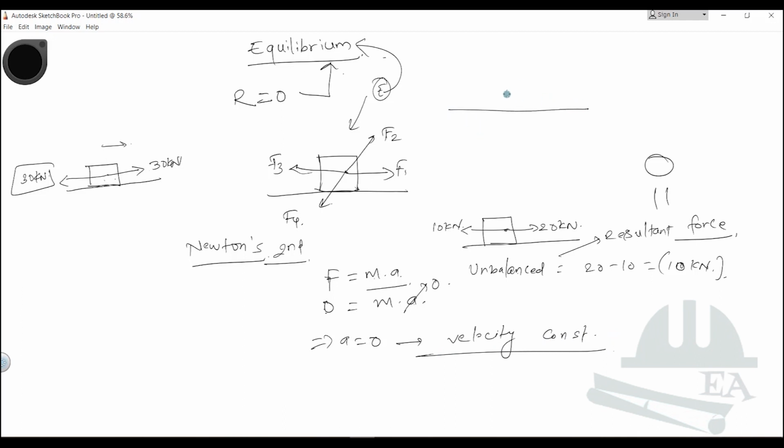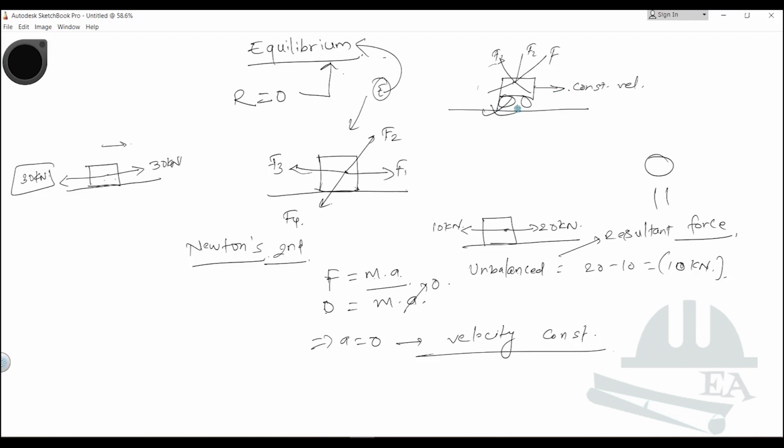So if we have a body, say with tires here because it is moving, and the body is moving with a constant velocity under the action of many forces, acted upon by forces F1, F2, F3 and so on in various directions, and even after applying all these forces the body is still moving with constant velocity, then we say that the body is in equilibrium.